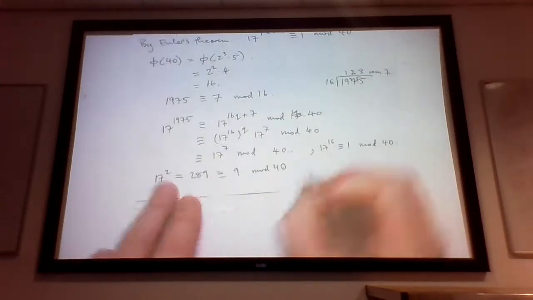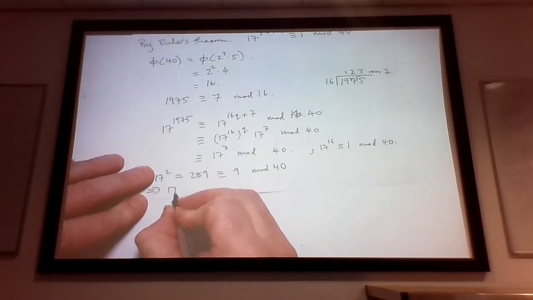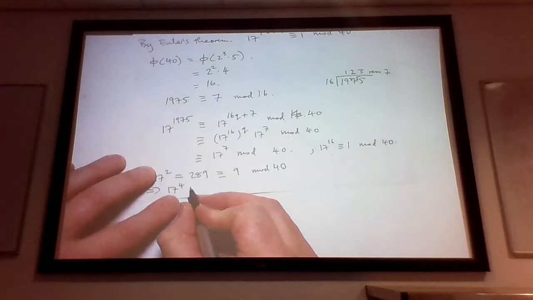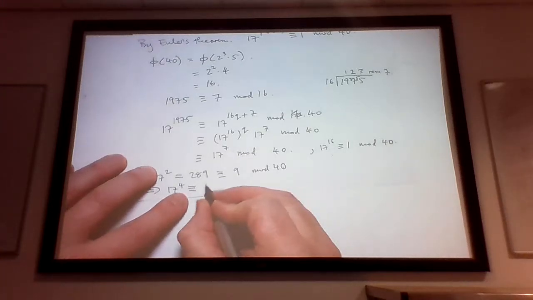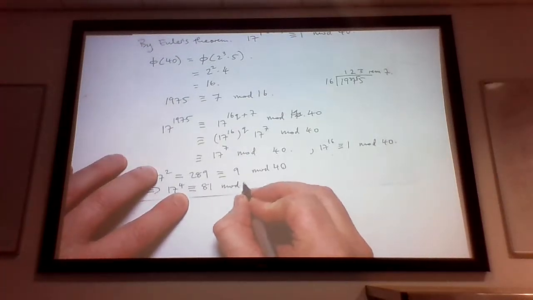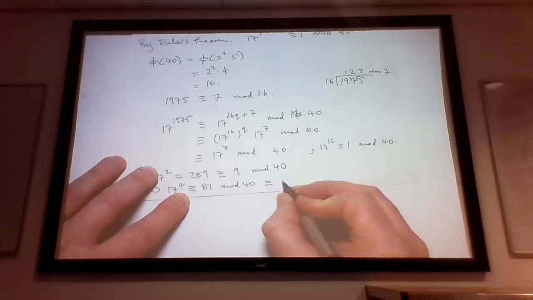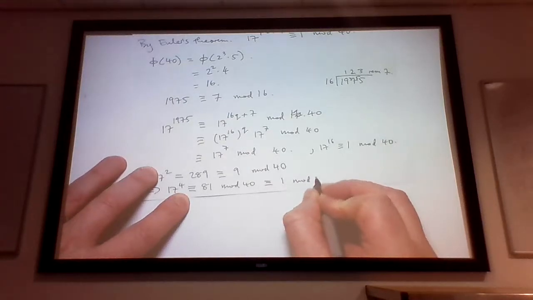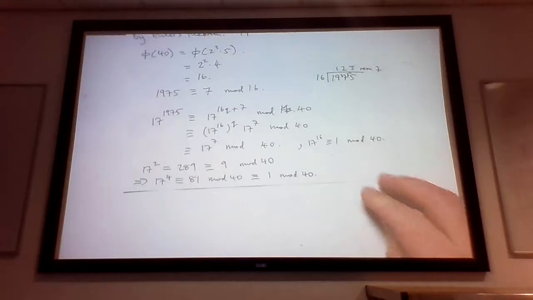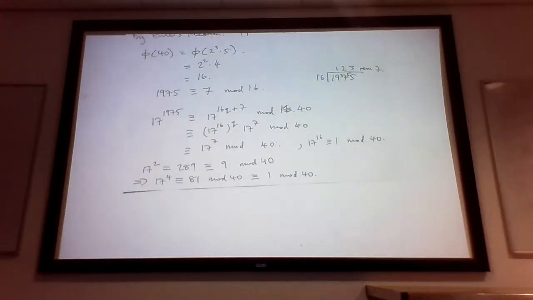Well, then we can very quickly go to 17 to the power 4, congruent to 81 mod 40, which is congruent to 1 mod 40. So 17 to the power 4 is congruent to 1.